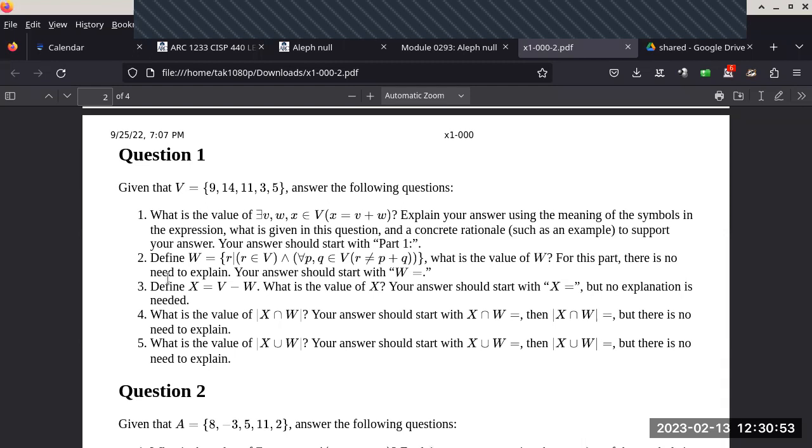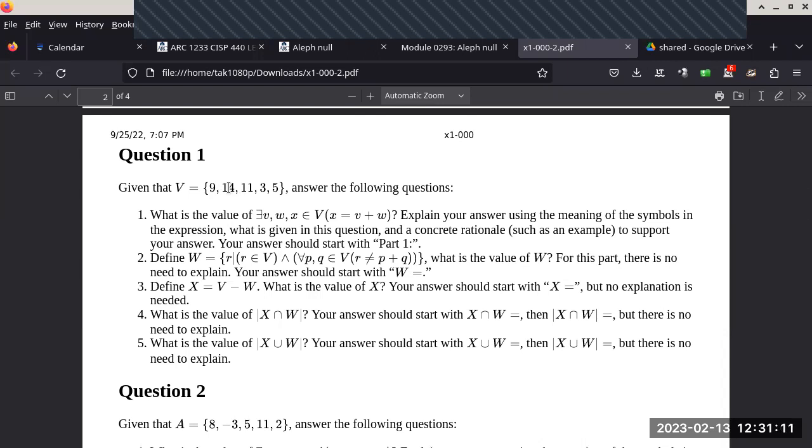So now, let's take a look at this one. We just have to go through every single element and ask the question, can 9 be expressed as the sum of any two elements of V? So 9 belongs to W. 14, well, we just checked it out earlier.